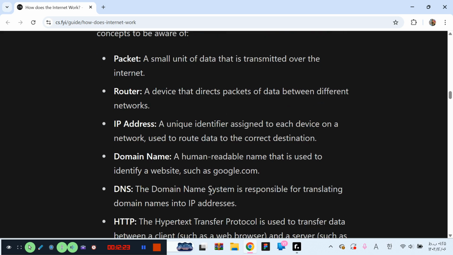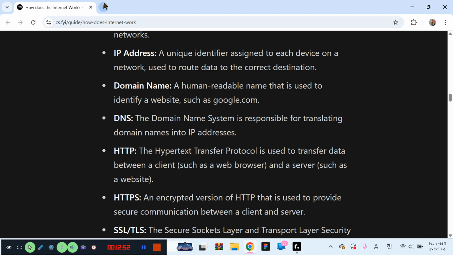DNS, the domain name system, is responsible for translating domain names into IP addresses. See, you have an IP address and a domain name, and they are in a monogamous relationship, I guess. And yes, DNS is the one interpreting in the middle so that they communicate well.